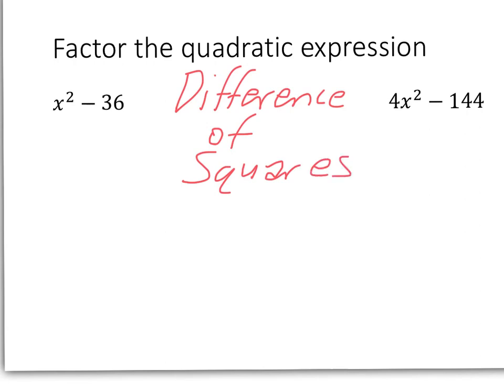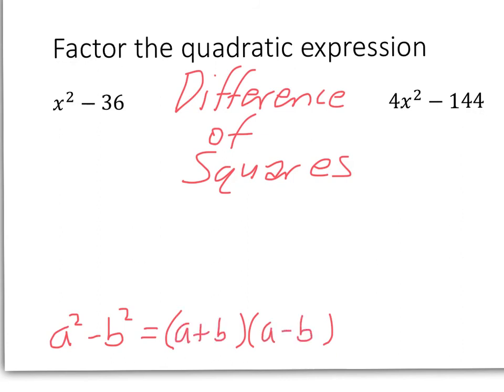So here's the pattern that we want to show you. A squared minus b squared always factors into a plus b times a minus b. If you were to multiply these two binomials, like we did in the very first slide, you would end up with something that looks like that.